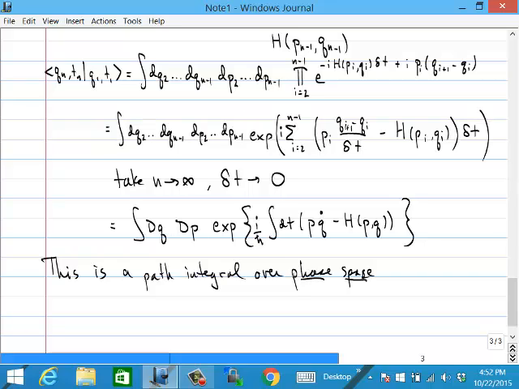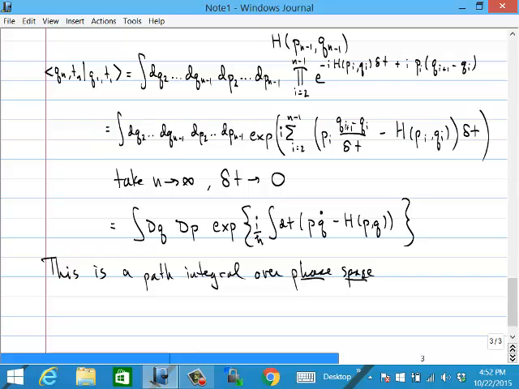Yes? If our Hamiltonian was a general function of p, a general function of q, then this argument gets a little more complicated, right? Because I used the fact that it was a function of p plus a function of q. If you had a general function of p plus a general function of q, this argument goes through in a completely straightforward way.